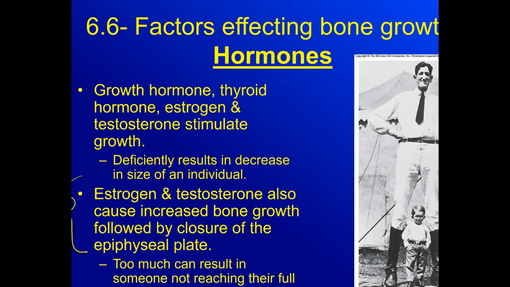So when you reach that level of estrogen and testosterone, it actually seals the growth plates and turns them into the growth lines. If for some reason you've got really high estrogen or testosterone levels as a female or a male respectively, you'll actually stop growing early because it'll solidify those plates.